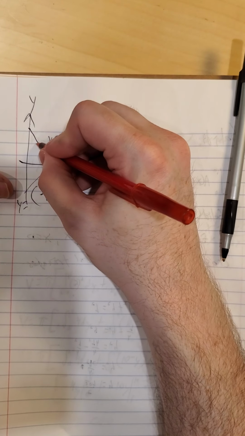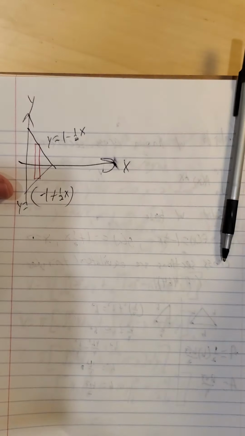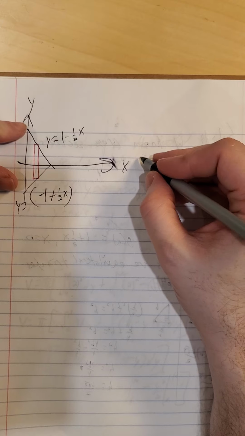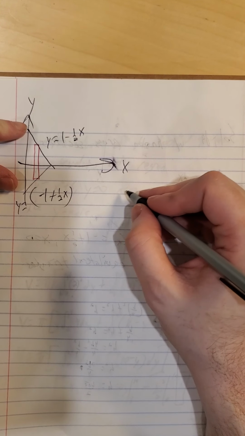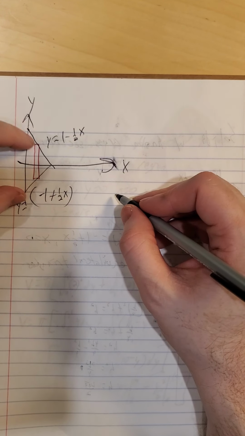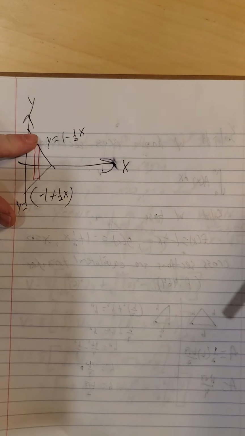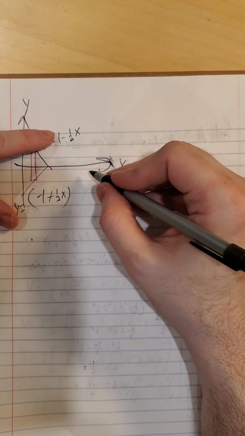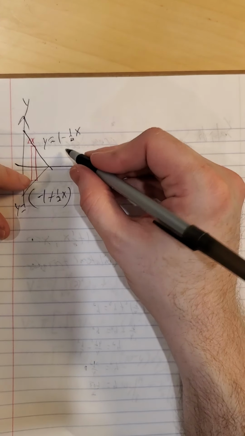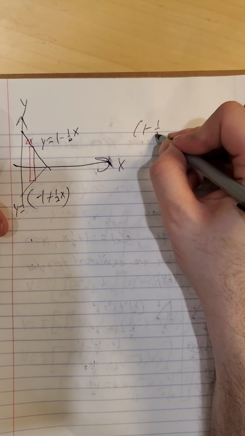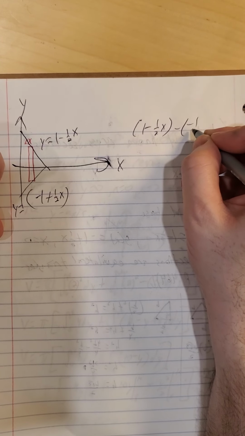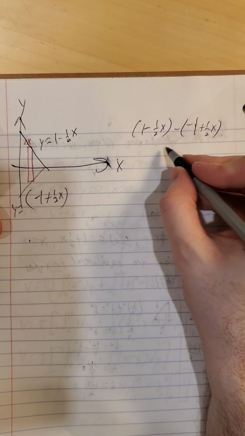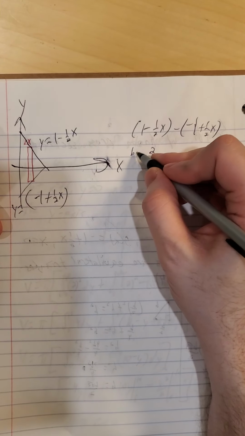So if we make our little vertical rectangle within the triangle, our width here is delta x, and our height of the triangle is 1 minus half x minus negative 1 plus half x. So 1 minus negative 1, so 2.